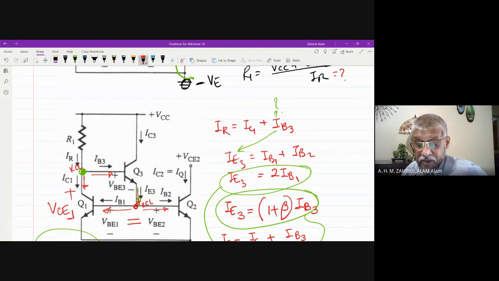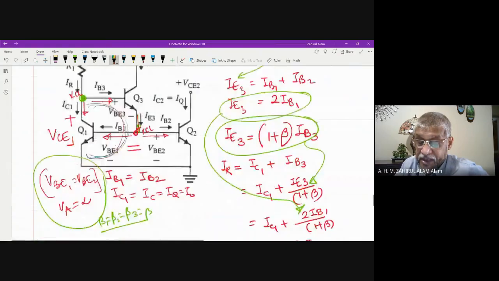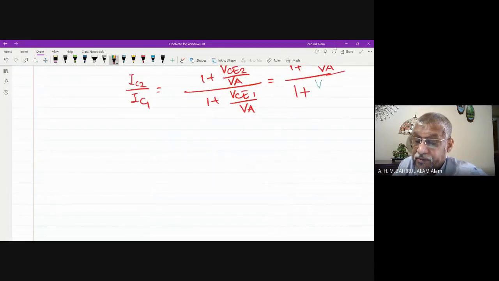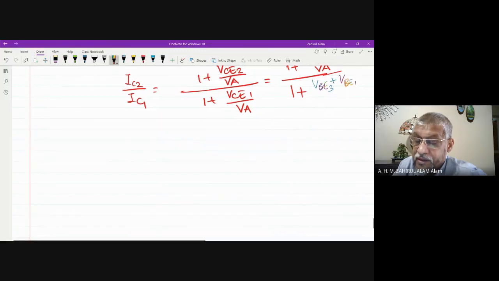This is VCE1. And VCE1, if we apply KVL to this loop, so VCE1 is equal to VBE3 plus VBE1. So we can write 1 plus VBE3 plus VBE1 divided by VA.